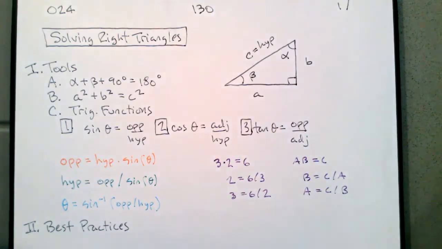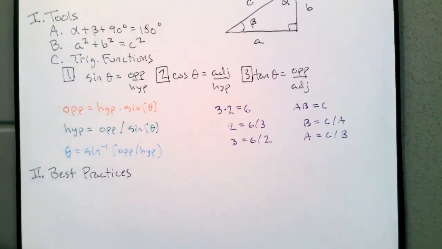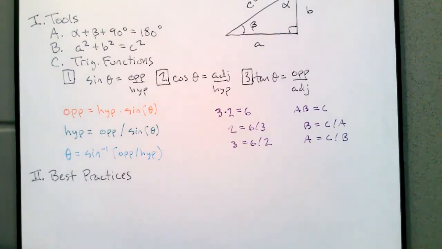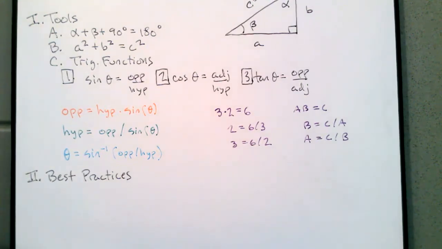All right. So we have gone over some things that we can mark as best practices when we're solving right triangles. One of them is that as soon as you have 2 angles, subtract to find the third.